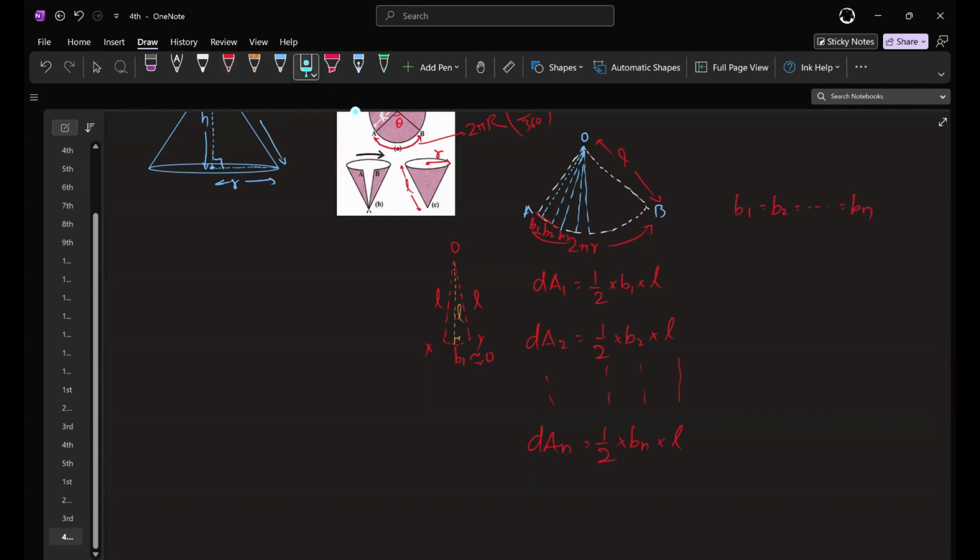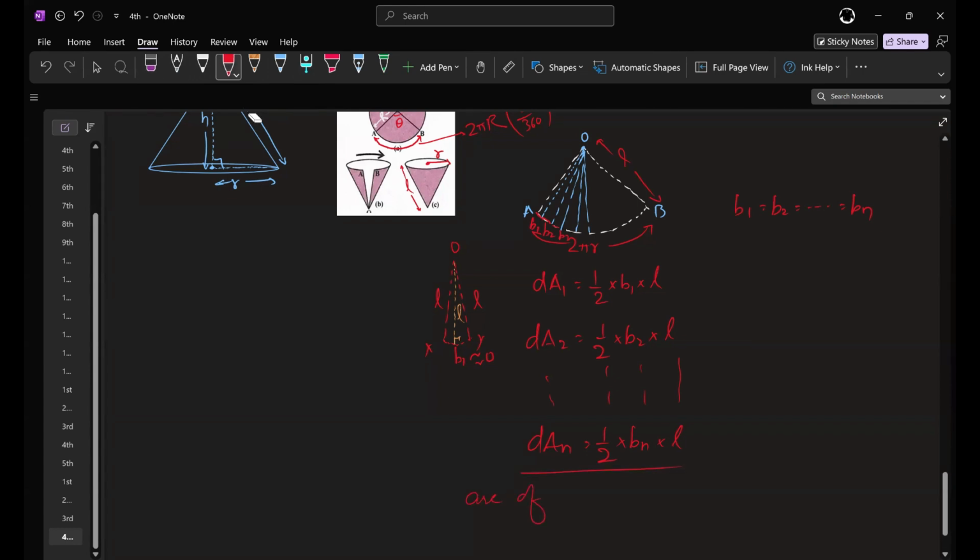All these infinitesimally small lengths are equal to each other individually, because they are absolutely congruent triangles. We have divided them into an infinite number of congruent triangles. Now when we add them, what will it give us?